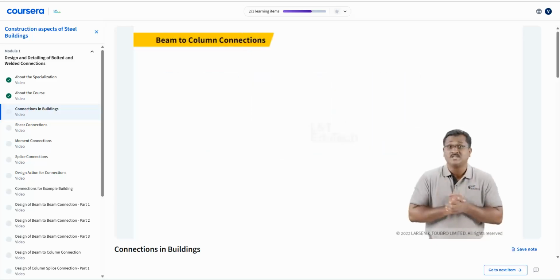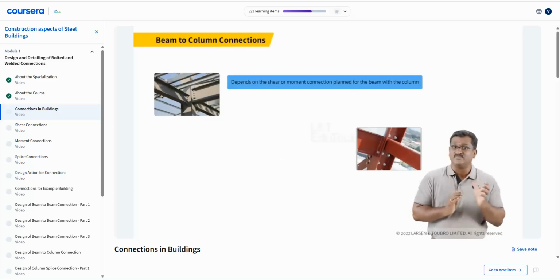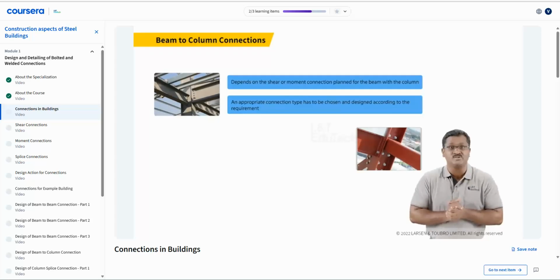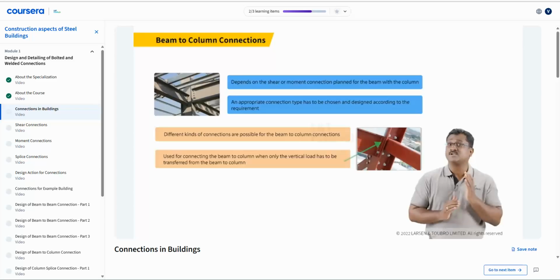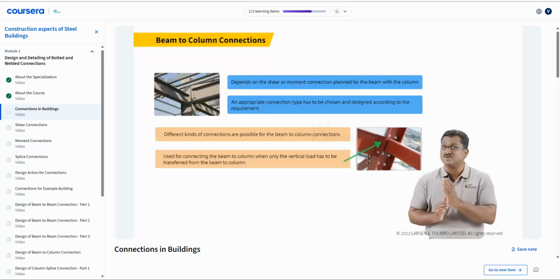Depending on the type of connection planned for the beam with the column, that is shear or moment connection, an appropriate connection type has to be chosen and designed according to the requirement. There are different kinds of connections possible for the beam to column connections. Generally, shear connections are used for connecting the beam to column when only vertical load has to be transferred from the beam to the column.